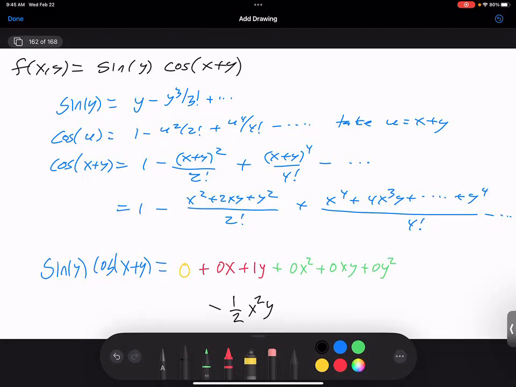Then I'm going to have a minus, I'll do it over 2 factorial, a minus 2 over 2 factorial xy squared, and then minus 1 over 2 factorial y cubed.